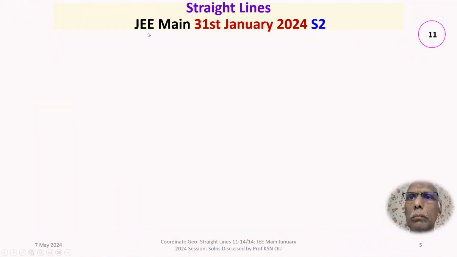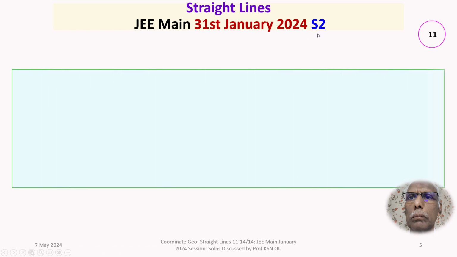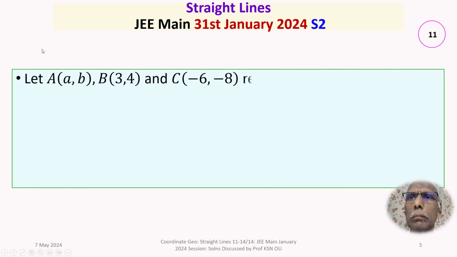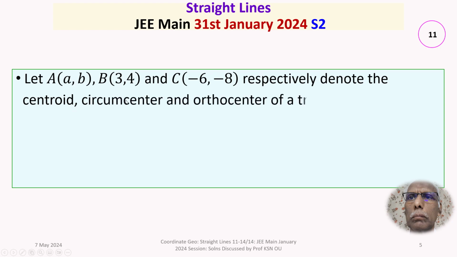This question has appeared in the JEE Main examination held on 31st January 2024 in the second shift. The given question is: let A with coordinates (a, b), B (3, 4) and C (-6, -8) respectively denote the centroid, circumcenter and the orthocenter of a triangle.